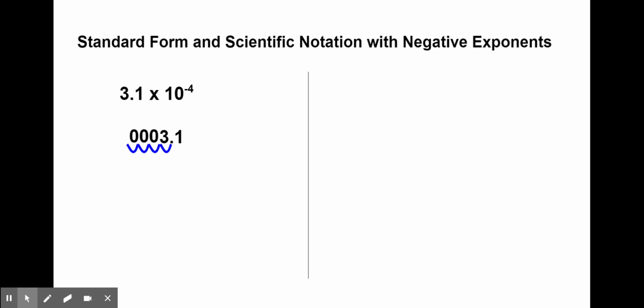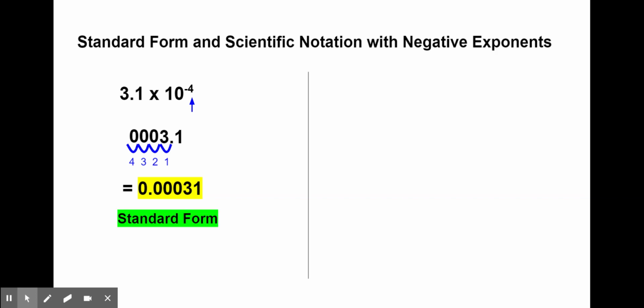Once I do that, remember that's 4 times because of my exponent, I get 0.00031. That's my standard form.